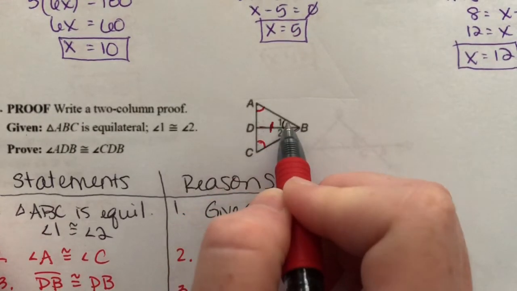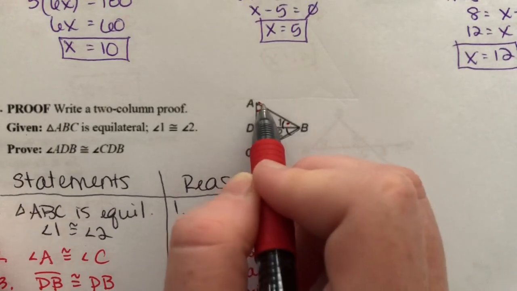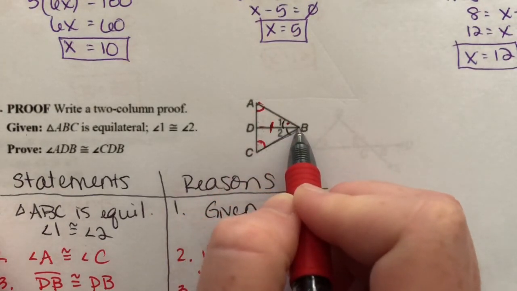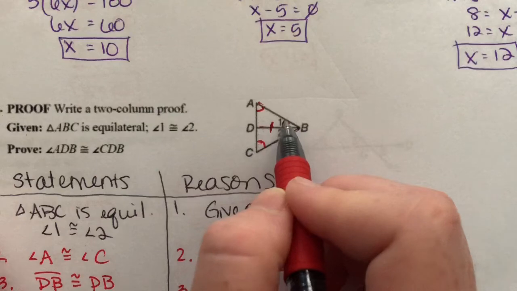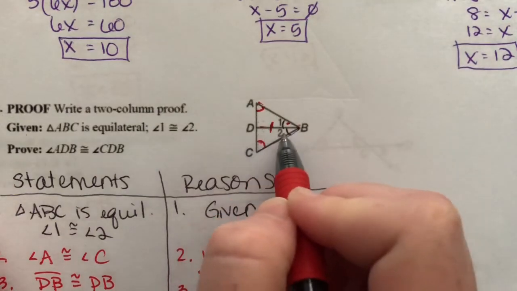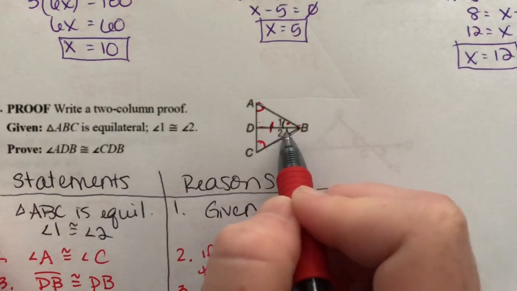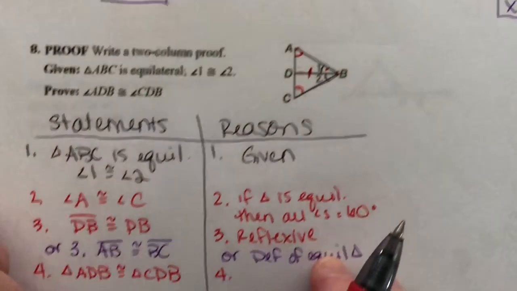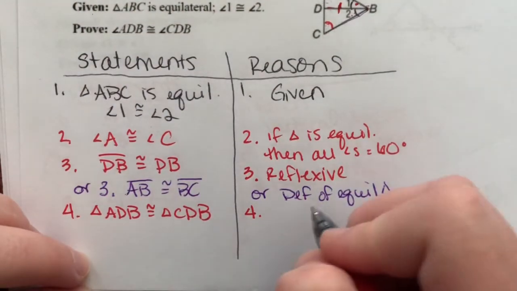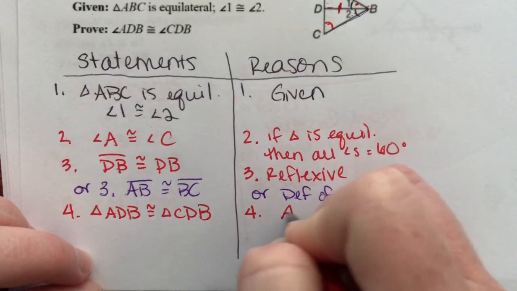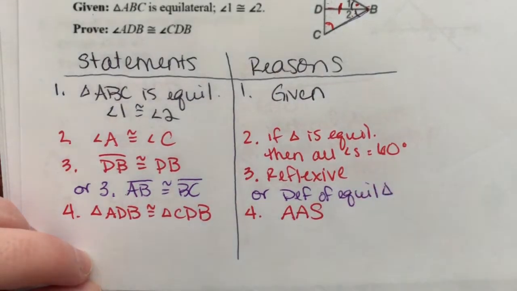So when you have 2 angles and a side that's congruent, but it's not the side connecting the 2 angles, it's different. This is angle, angle, side. The side is not between the 2 angles, so we don't put the S between the 2 A's. So I know my triangles are congruent with that reason because of angle, angle, side.